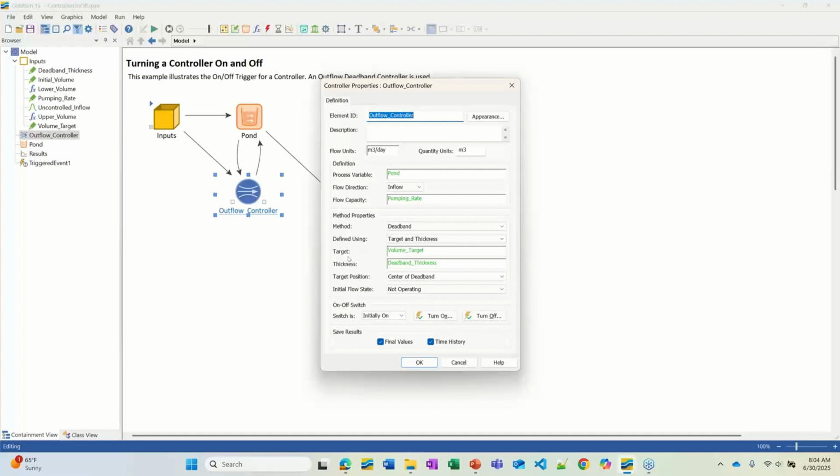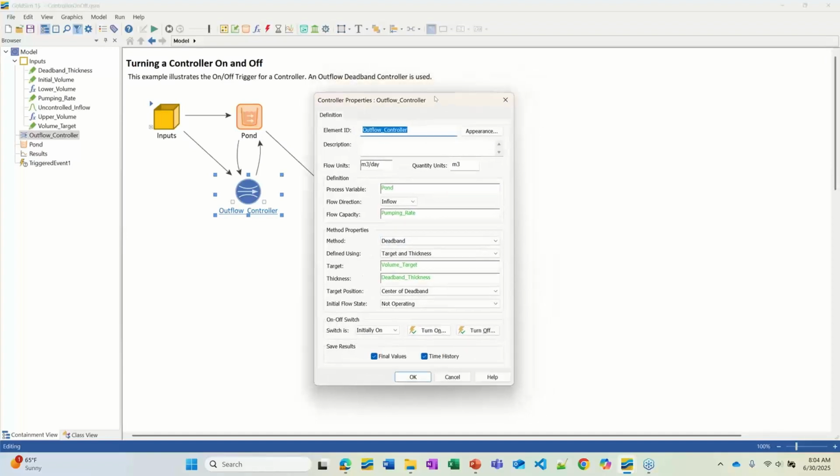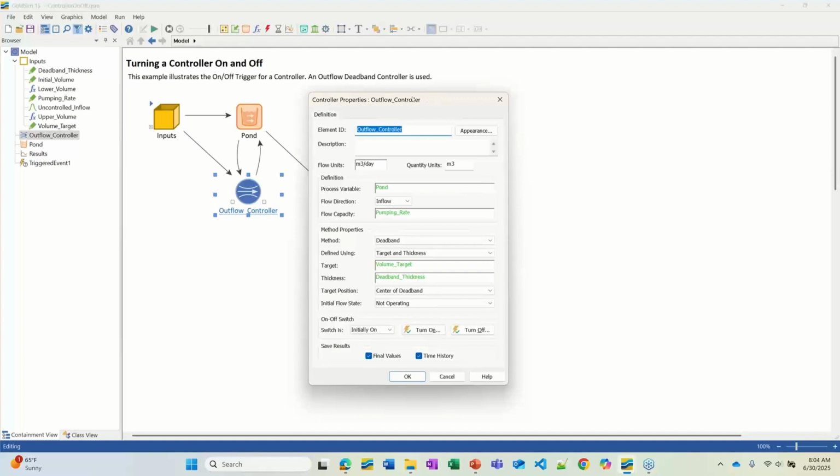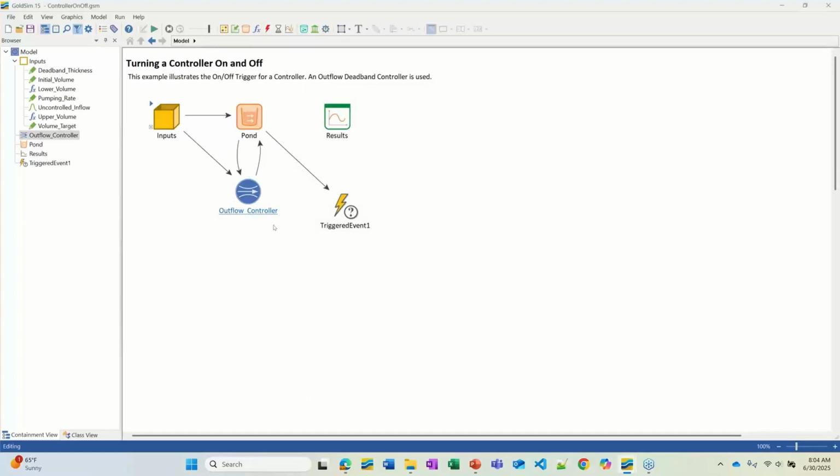But I think it would be quite rare to have this set up as a vector. I could see it being done for a situation where you're modeling thousands of valves, for example. So that might be an edge case that would be difficult to do in GoldSim to simulate that many valves.